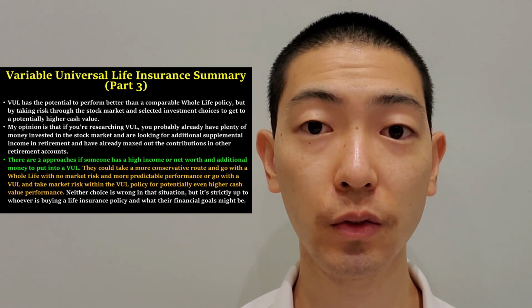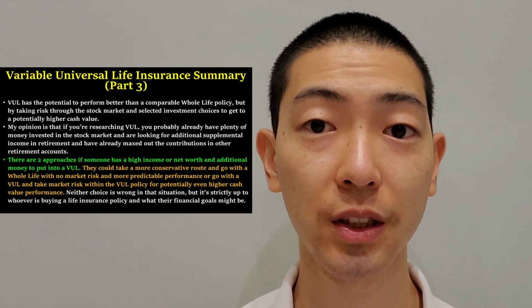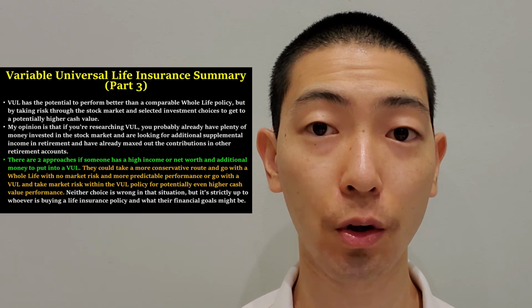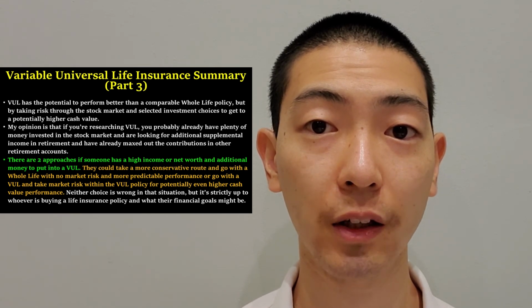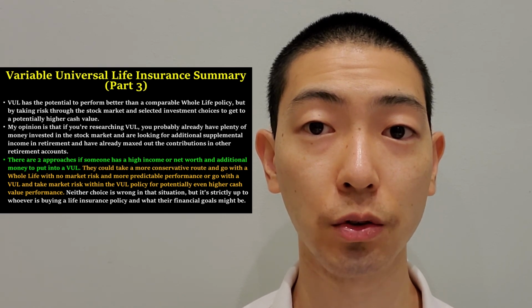They could take a more conservative route and go with a whole life with no market risk and more predictable performance, or go with the variable universal life and take market risk within the VUL policy for potentially even higher cash value performance. Neither choice is wrong in that situation, but it's strictly up to whoever is buying a life insurance policy and what their financial goals might be.